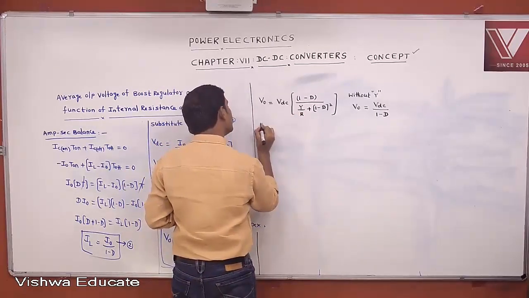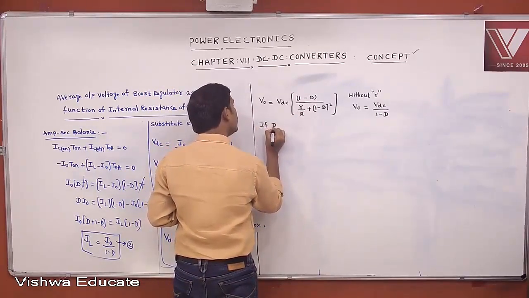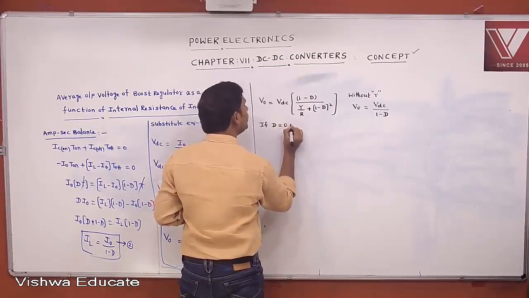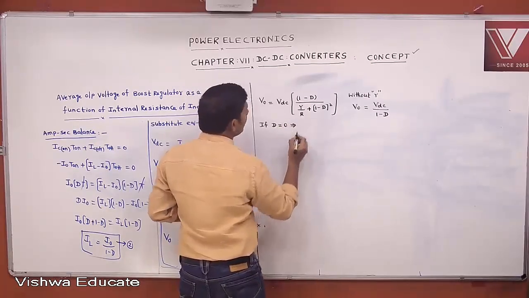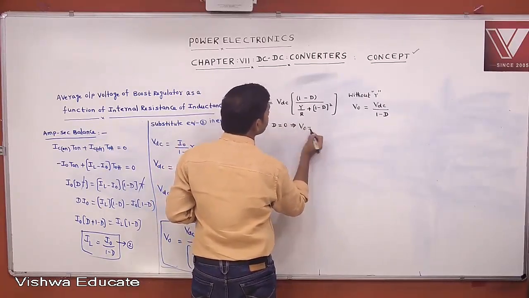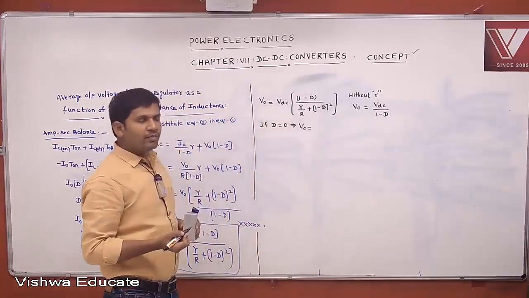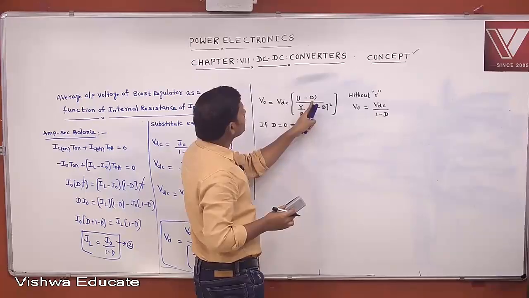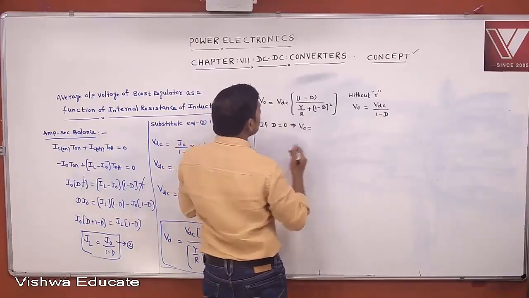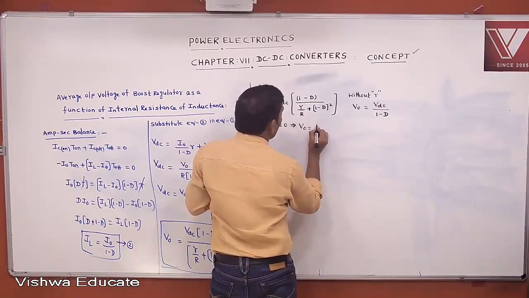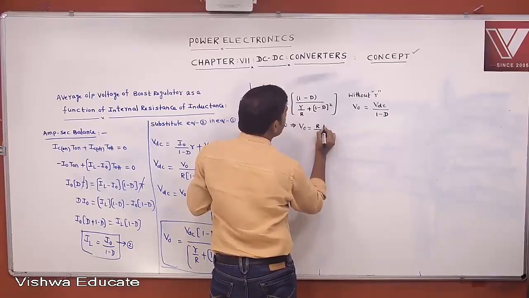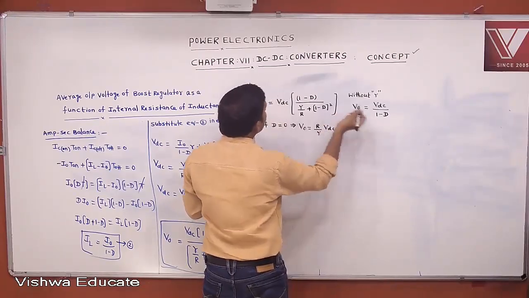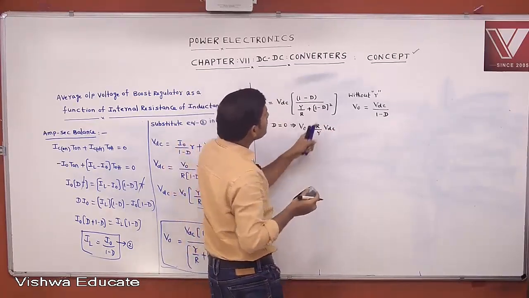In this, if duty cycle D equal to 0, what is V naught, you tell me? We can get some minimum value. D equal to 0 you can substitute here. Then what is V naught equal to? Capital R by small r into VDC.